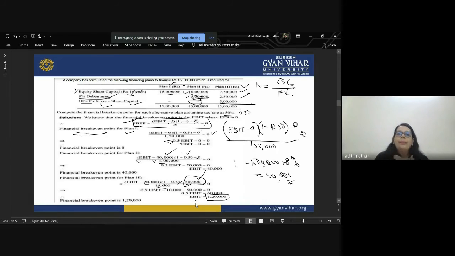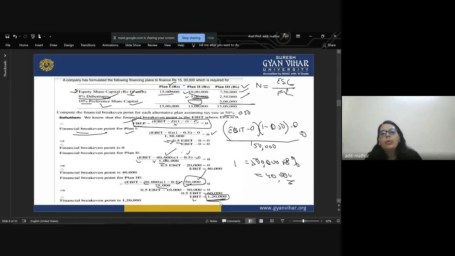So now, if I am a company in plan 3 and I have earned more than 1,20,000, that means my equity shareholders are also going to earn some dividend. They will be paid out, right? But if I am earning less than 1,20,000, let's say 1 lakh rupees, that means I don't have enough money to pay my fixed costs, like the preference dividend or the interest which I have to pay to my debenture holders, right?